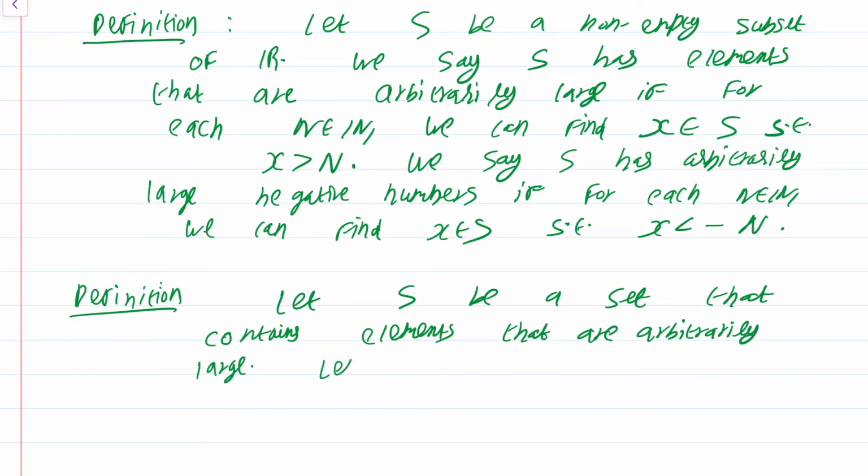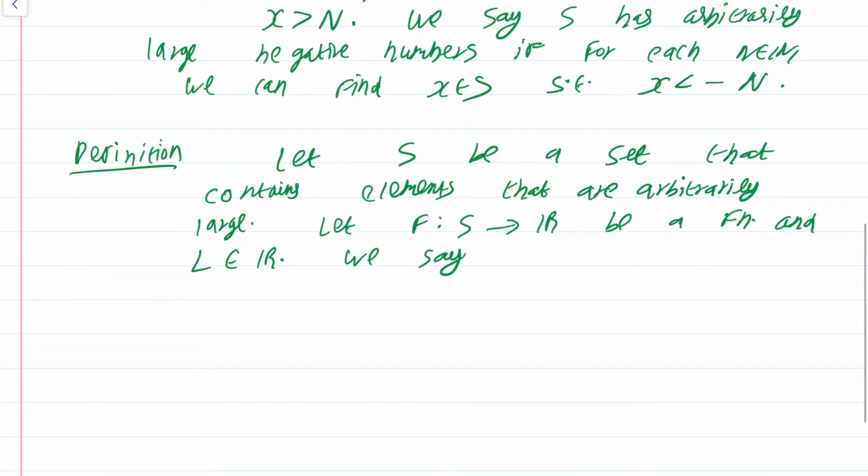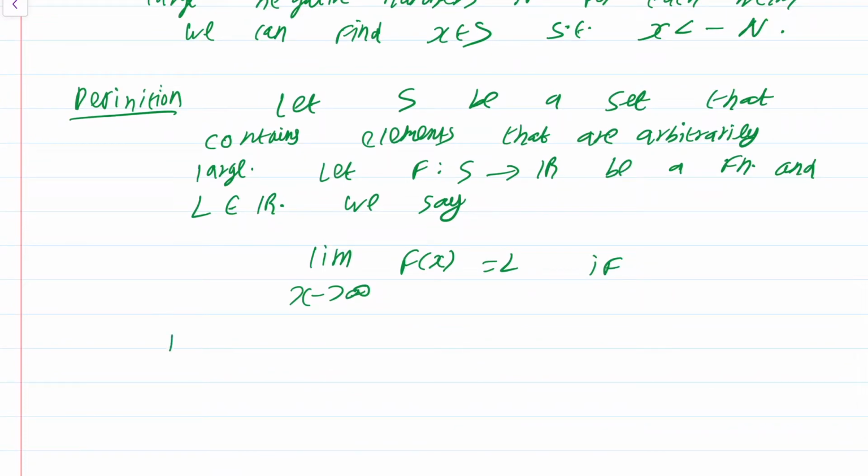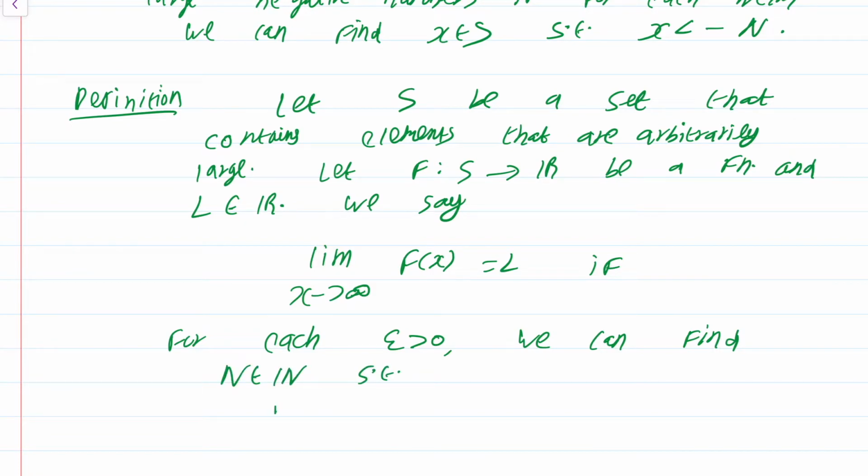Let f from S to R be a function and L be an element of R. We say limit x going to infinity f of x equals L if for each epsilon greater than 0 we can find capital N in N such that if x is greater than N and x is in S, mod f of x minus L is less than epsilon.